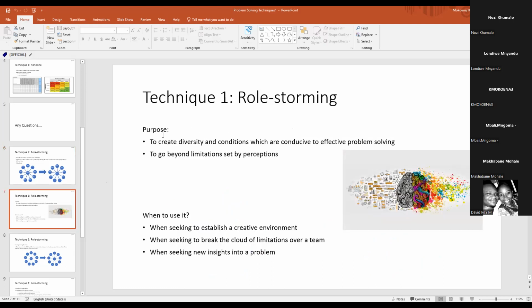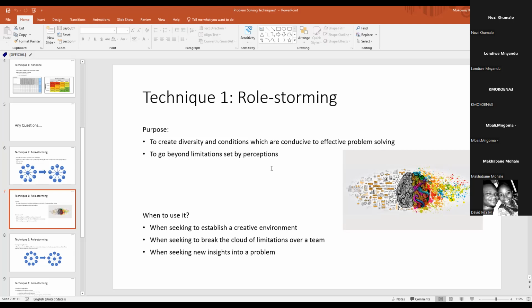And then, so what is the purpose of this whole thing? You can imagine if you now have people taking on new roles, the whole team becomes diverse now. So it's to create diversity and conditions which are conducive to effective problem solving, to go beyond limitations set by perception.